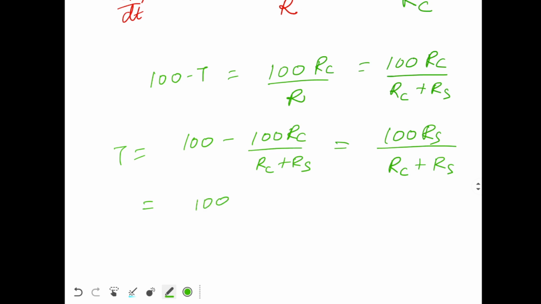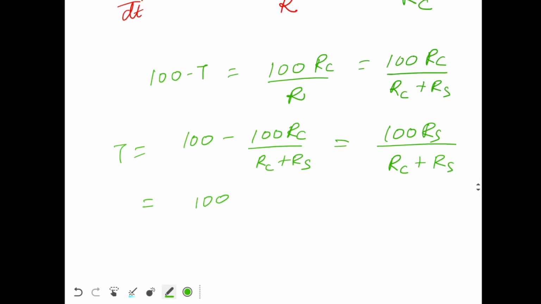So 100 times RS, which is LS divided by KS into A, divided by LC divided by KC into A plus LS divided by KS into A. So A will cancel out from numerator and denominator. Let's simplify this further.